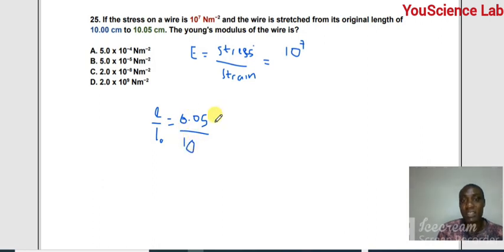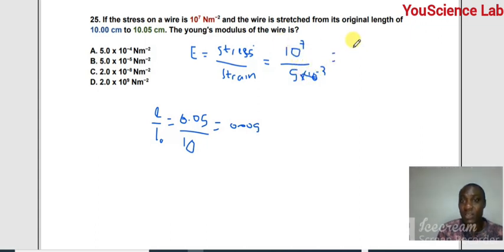So when I divide by 10, I have to move the decimal point backwards. So I have 0.005. So I have 3 zeros now. This is the same as 5 times 10 raised to power minus 3.